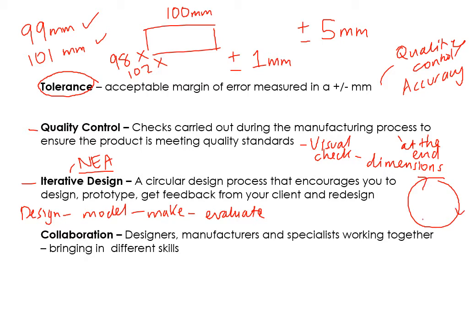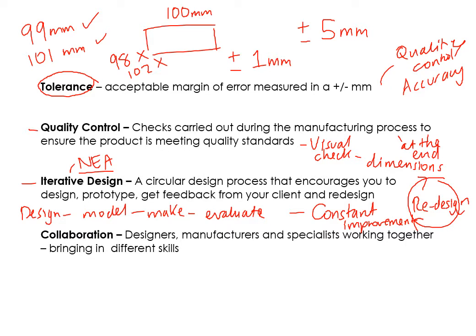So you are constantly designing and redesigning based on feedback from your client. So you are constantly redesigning and improving. It's constant improvement of your design based on feedback from your client.